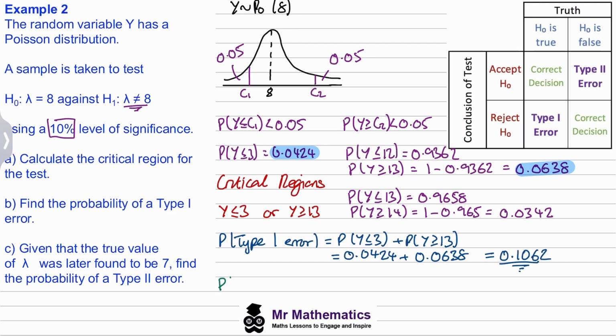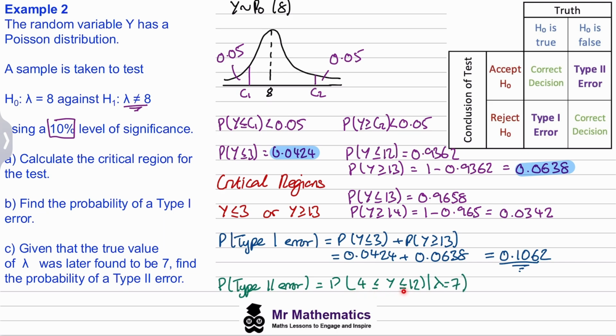So the probability of a type 2 error is when Y is less than 13, so less than or equal to 12, but greater than 3, so greater than or equal to 4, given that lambda actually equals 7.